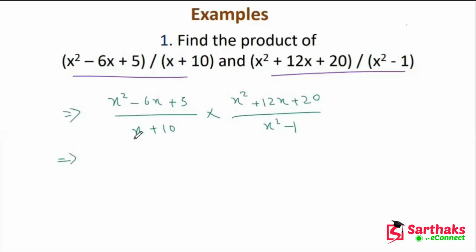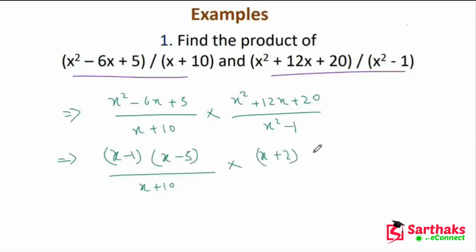So it will become x minus 1, x minus 5 divided by x plus 10, multiply x plus 2, x plus 10 divided by x minus 1, x plus 1.